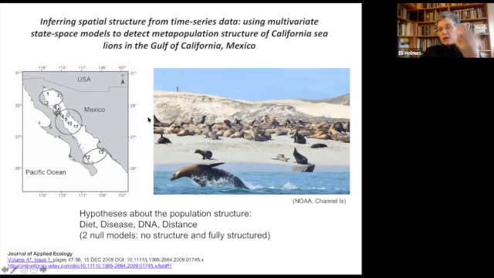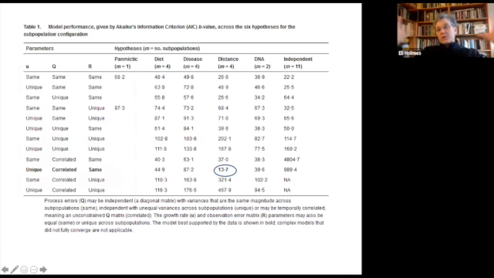So using the types of models that I just outlined, we were able to set up this big model selection study, and the structure of the models, just like what I just showed you, were expressing the biologists' ideas about these different hypotheses.